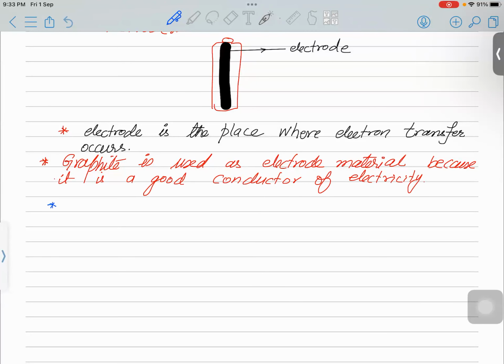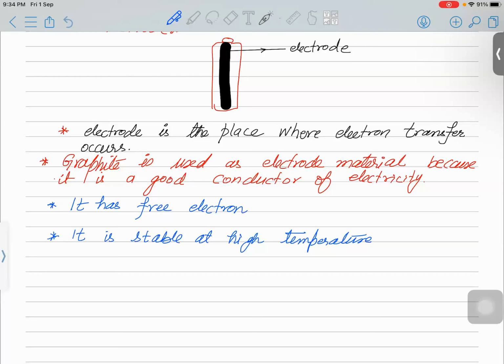Why is it a good conductor of electricity? It has free electrons. And it is stable at high temperature. That's why it is used as an electrode.